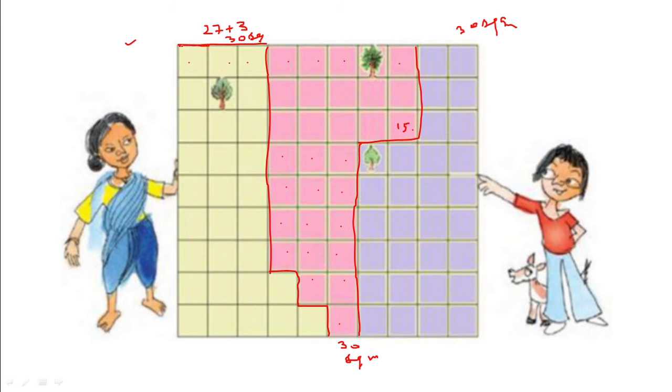You can just count the squares: 1, 2, 3, 4, 5, 6, 7, 8, 9, 10, 11, 12, 13, 14, 15, 16, 17, 18, 19, 20, 21, 22, 23, 24, 25, 26, 27, 28.